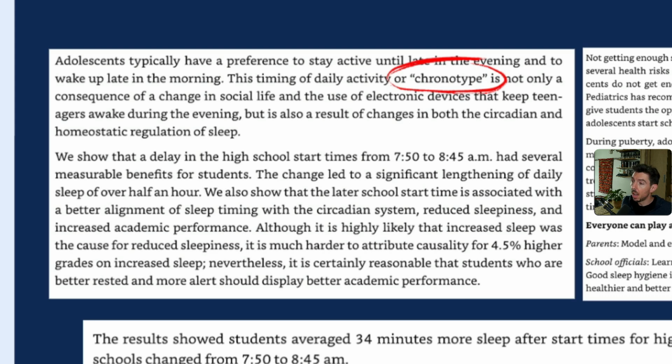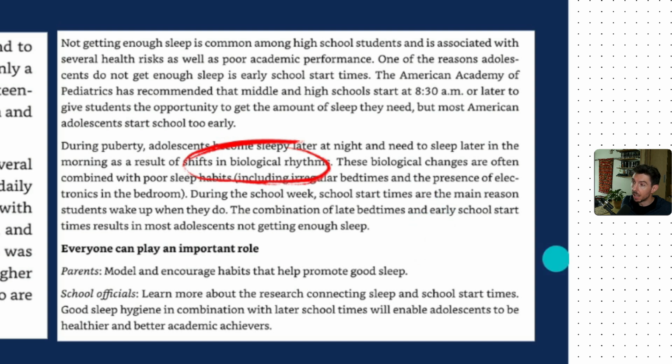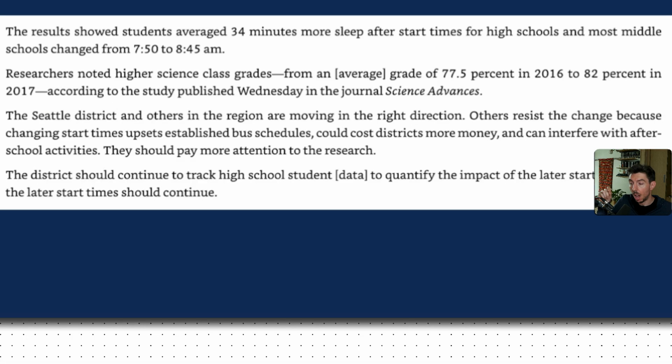Now, if we look over here at the popular magazine, we also see chronotype mentioned, but they don't use that technical language because they don't expect the readers of a popular magazine to know or care what a chronotype is. So they describe that by saying biological rhythm. And at the bottom, which is the opinion piece, they don't mention chronotype because the purpose of this piece is not to analyze the data from the scientific report.